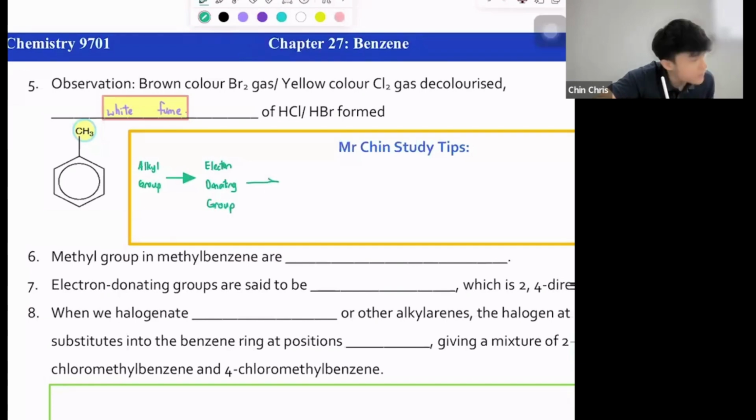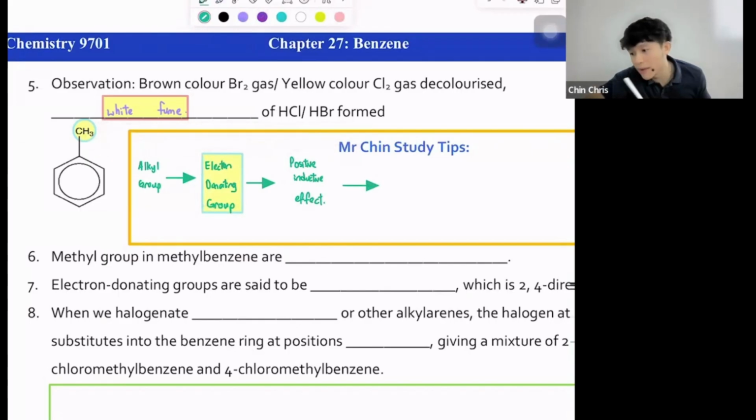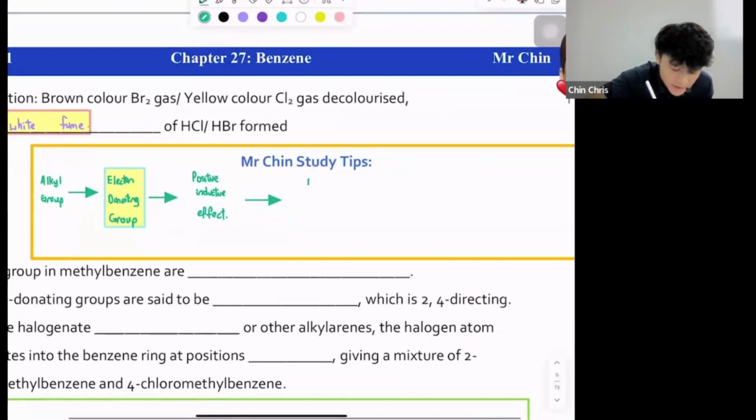Which means they're gonna have some effect. What effect? Well done. They're gonna have this positive inductive effect on the benzene ring. So when positive inductive effect occurs on the benzene ring, it's gonna have this ring activating property.